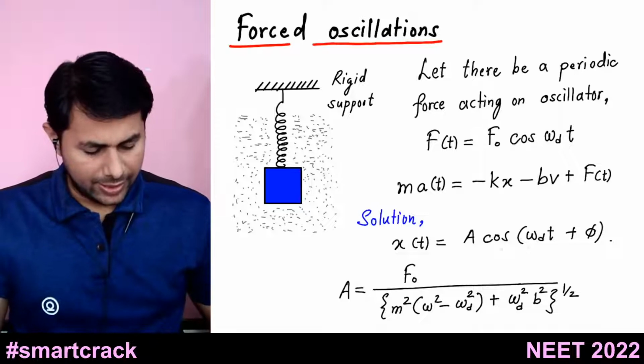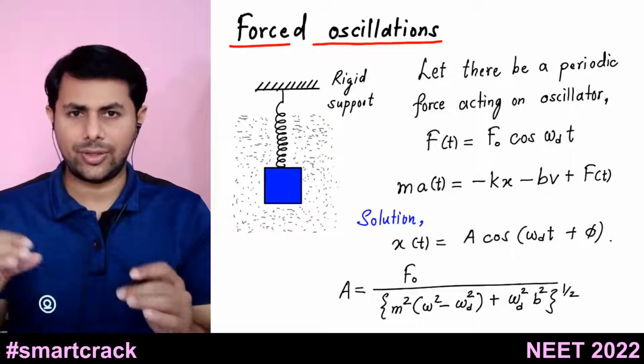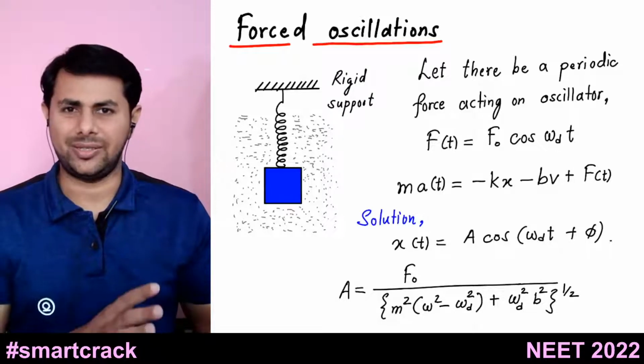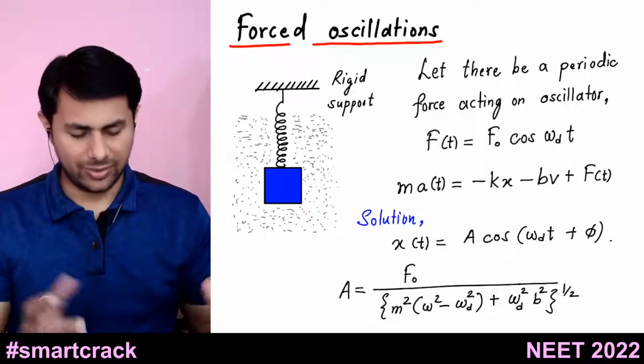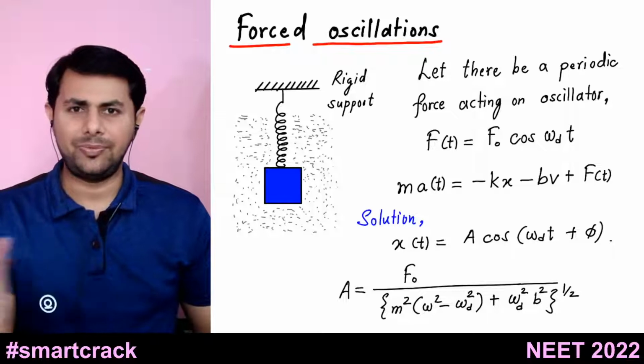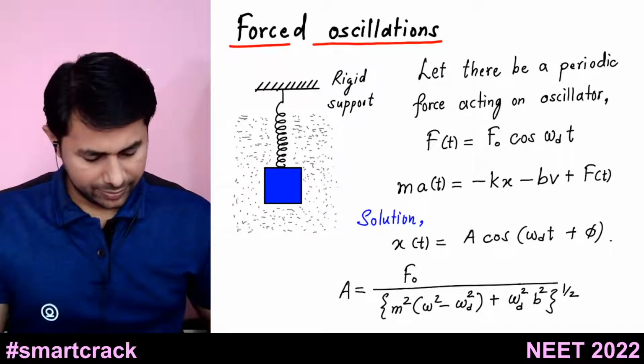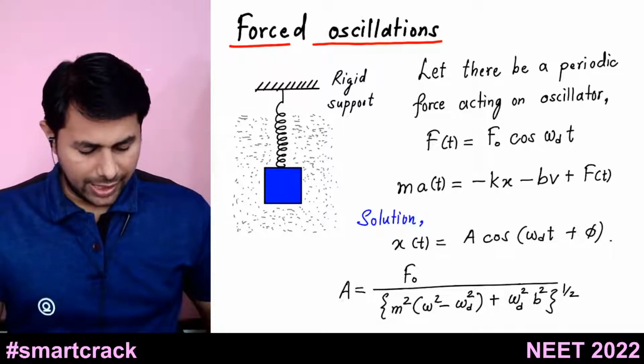So that's why this is the solution, but this is not the solution at the beginning. This is the solution at infinity. After some time passes, the block gets adapted to the frequency of the external periodic force. And then there is the amplitude.